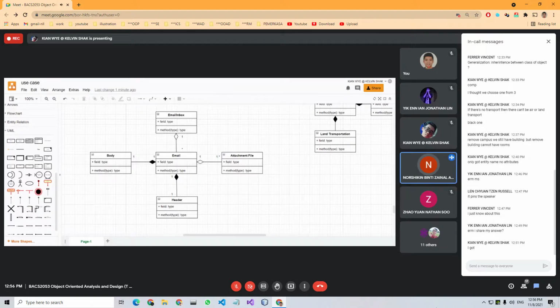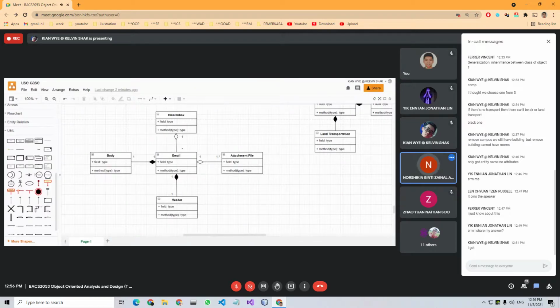And then you have a header. Header, as you can see, should be an entity too, and a body, as you can see in this diagram, is an entity too, and optionally it may consist of one or many attachment files.